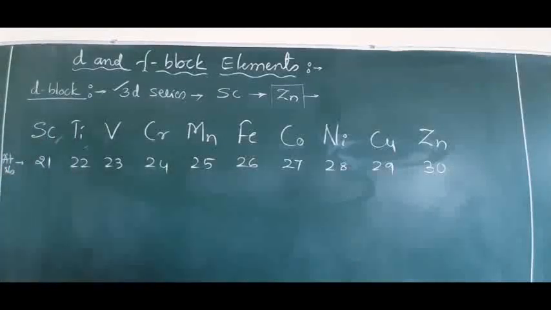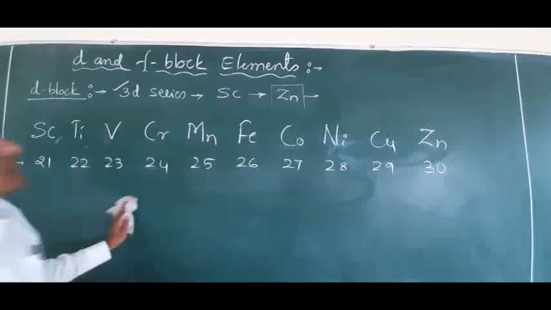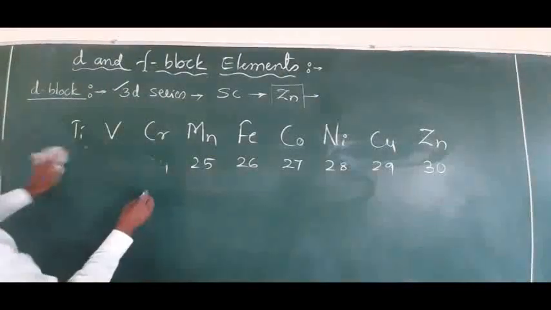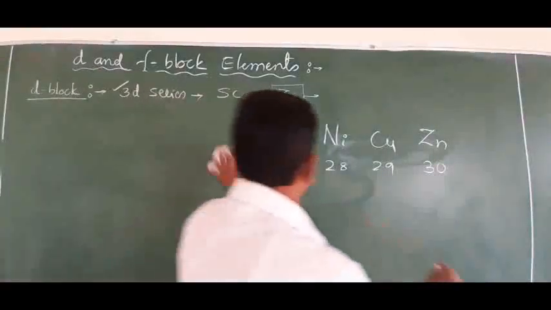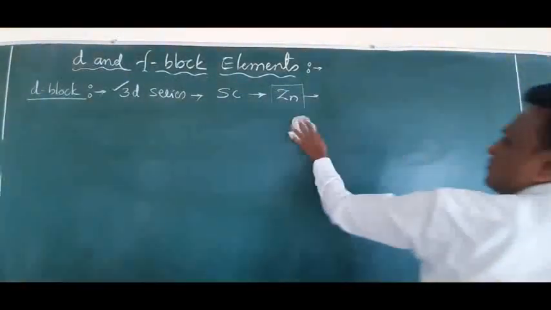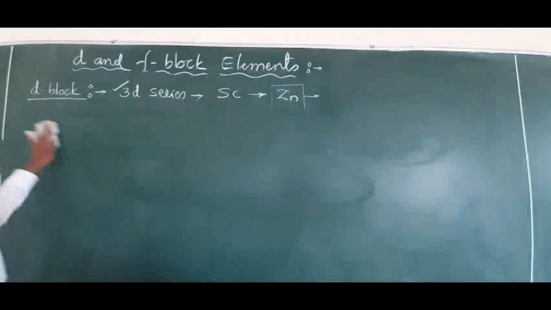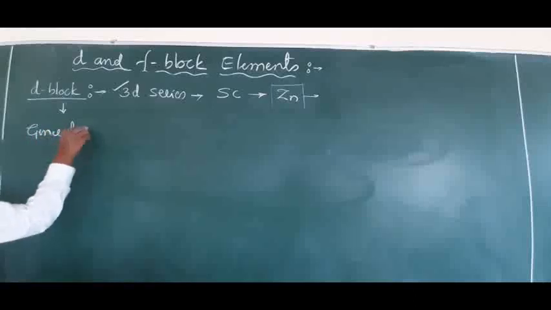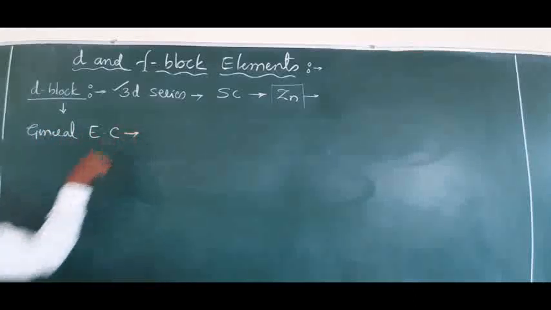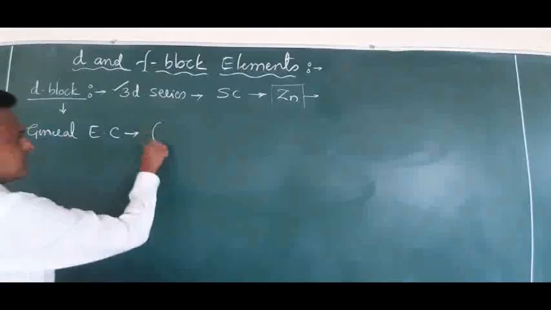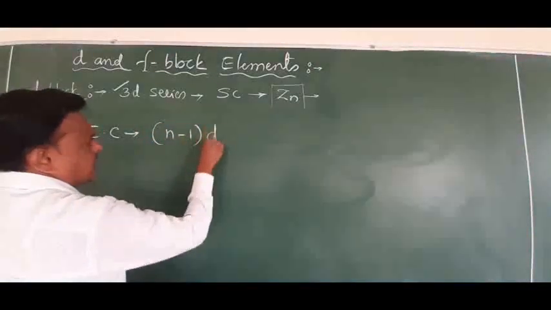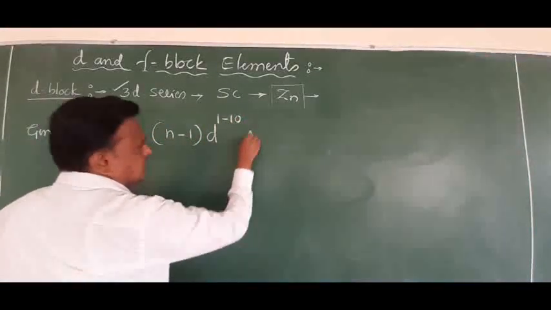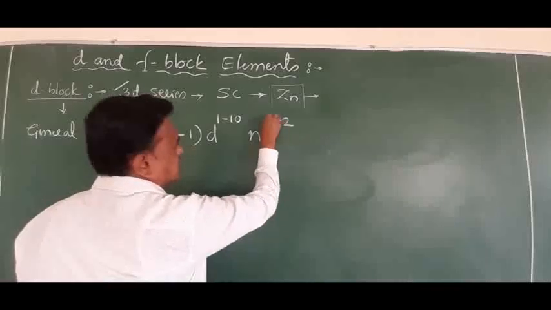The next very important concept of our syllabus is the electronic configuration. I think all of you know the electronic configuration of the SPDF. Today we have the general electronic configuration of D block. Yes, we have to pronounce this: n-1 d 1 to 10 ns 1 to 2, friends.